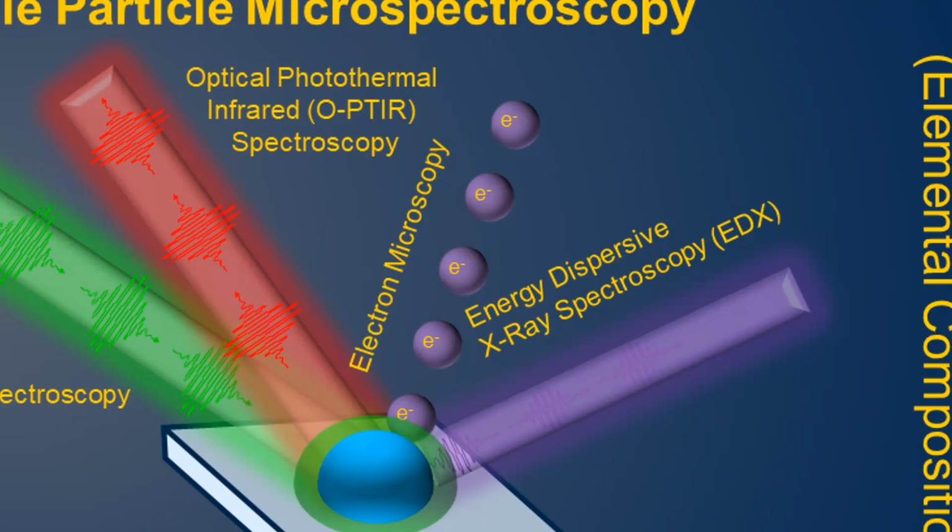But the overarching theme of what we do is that we use individual particle measurements like the OPTIR, Raman spectroscopy, electron microscopy, to try to understand at a particle by particle level what these microscopic sized entities in the atmosphere are made of and what their properties are.